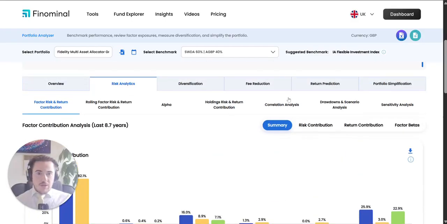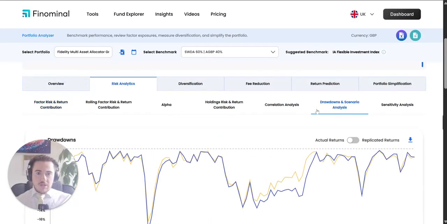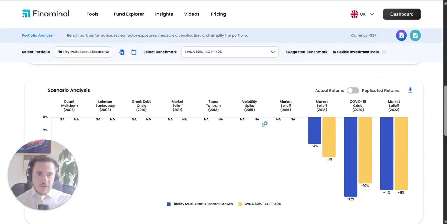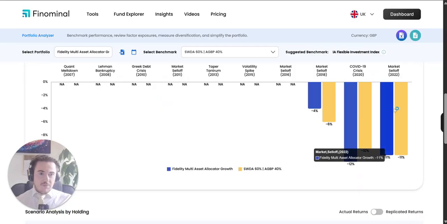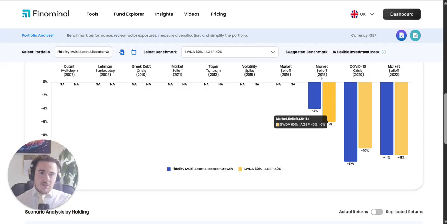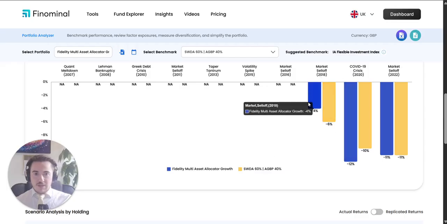But let's go over to drawdowns and scenario analysis, where if we look from actual returns, we can see the 2022 market sell-off saw an equal drawdown, minus 11% with the benchmark as well. COVID saw a deeper drawdown for the portfolio at minus 12% versus the benchmark's minus 10%, though during the 2018 market sell-off we would have seen a lesser drawdown for the portfolio at minus 4% versus minus 6% for the benchmark.